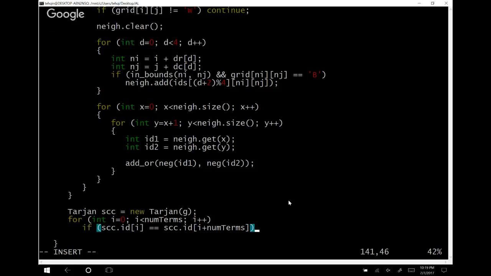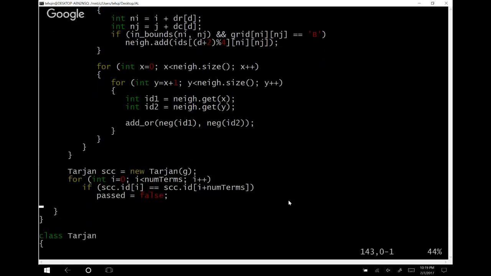So each element and its complement, if they're in the same strongly connected component, I just say they're false, then they don't pass. So that's true here. And then I can print out the answer.